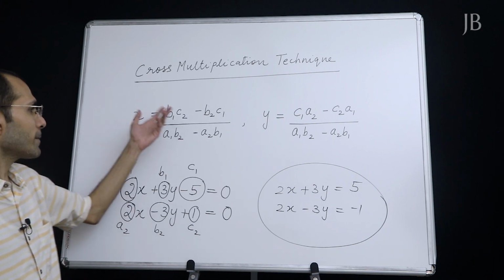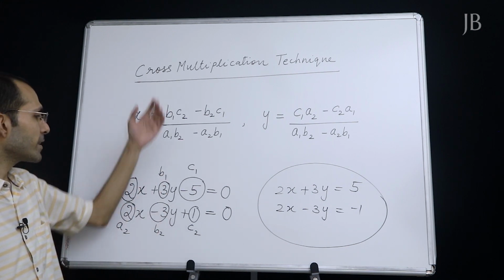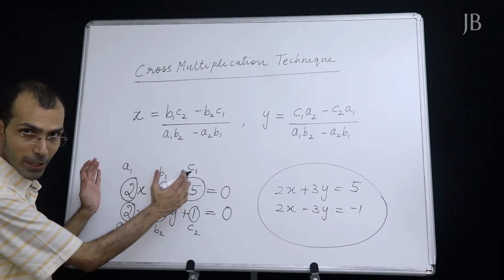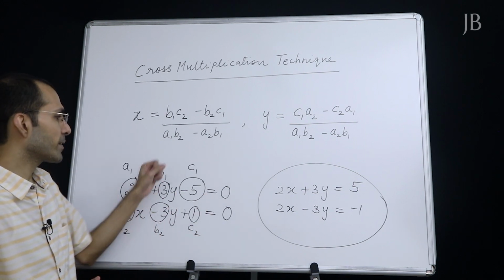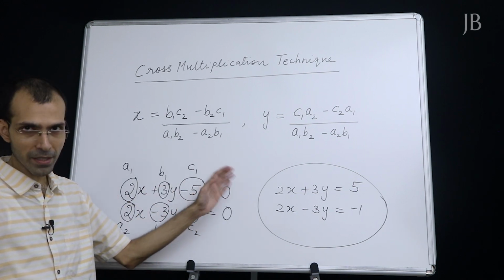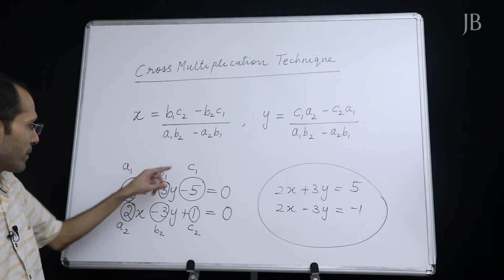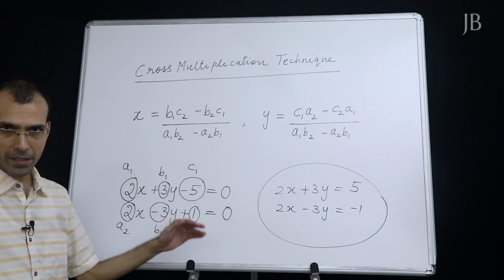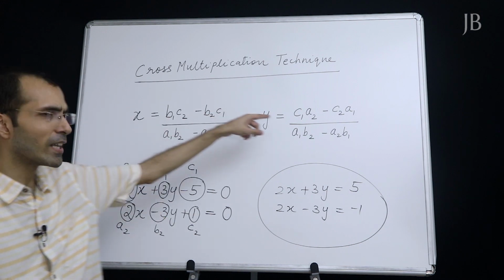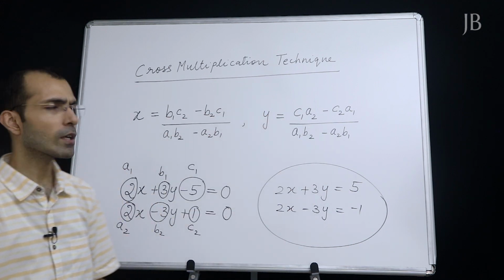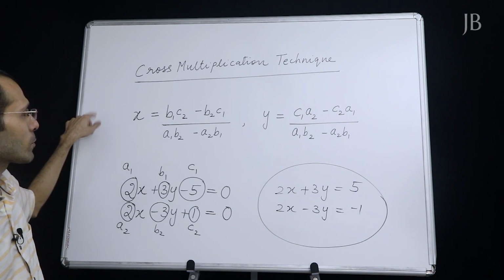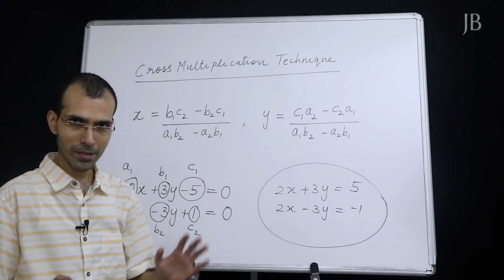So it is quite easy, but the demand of this technique is that the equation should be arranged in a particular form. First x, then y, then the constant term, and the RHS should be kept 0. Identify your a1, b1, c1, a2, b2, c2, plug in the values and you are done. You have found out the roots. X is one root, y is other root.